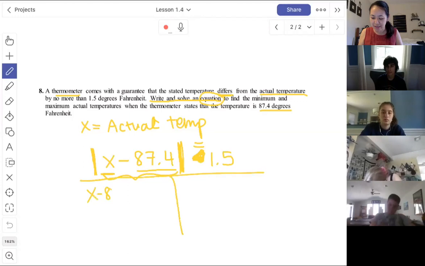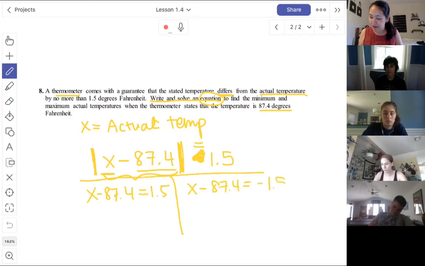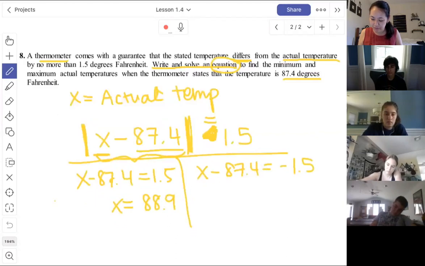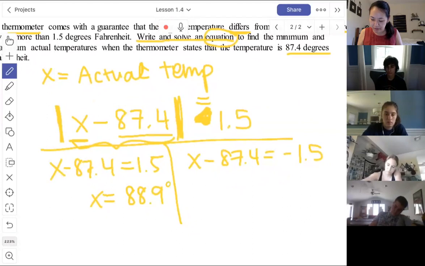So x minus 87.4 is equal to 1.5, and x minus 87.4 is equal to negative 1.5. So on the max side, I got 88.9 degrees Fahrenheit.